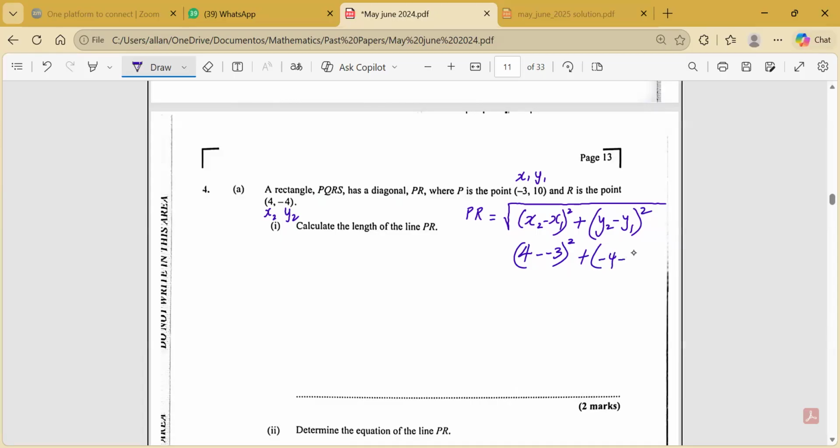Right, so that's the answer in the chat. -14 squared is how much? 196.